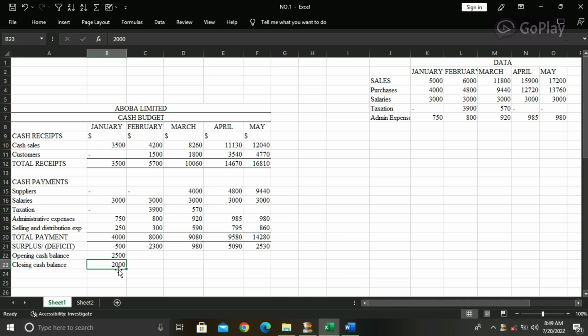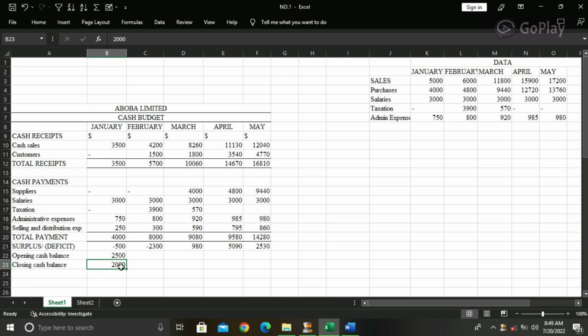That is the technicality involved here, because the deficit is negative, hence the opening cash balance being 2,500 plus minus 500 will give you the closing balance of 2,000. So in the first video, I was explaining that the closing balance for each month becomes the opening balance for the following month.